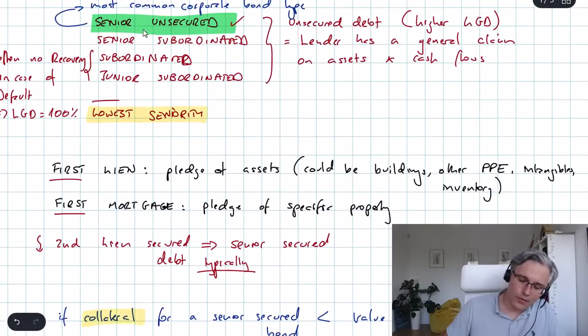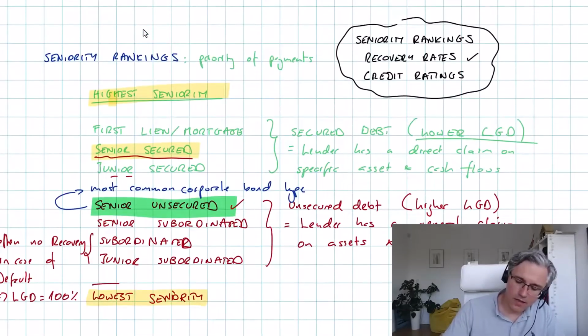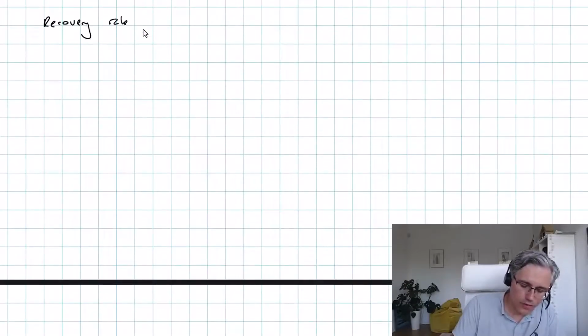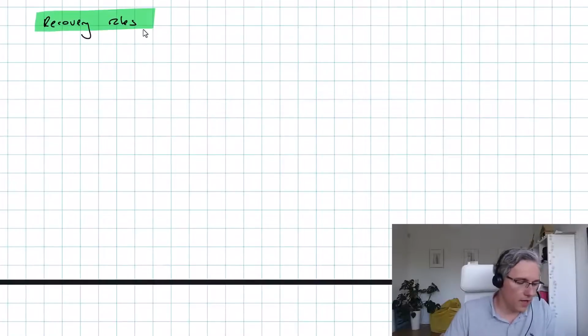Now, the next point in our discussion is going to be around recovery rates. So, how much one can recover if default does indeed happen.